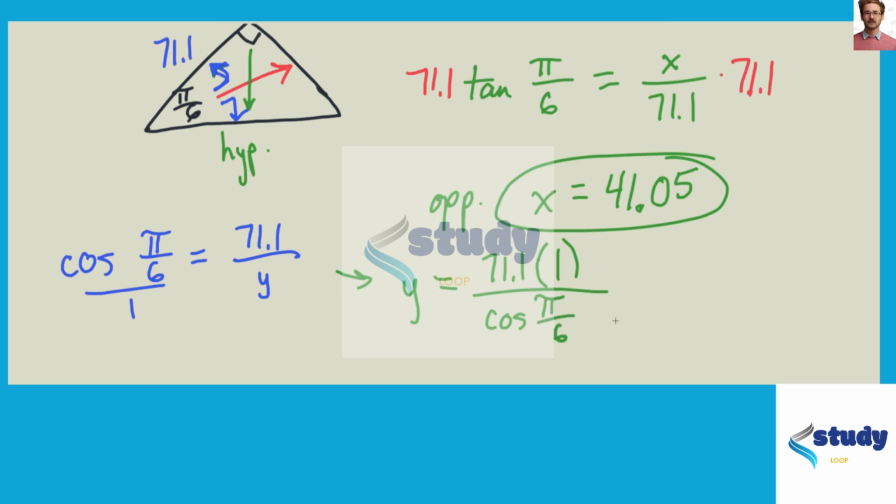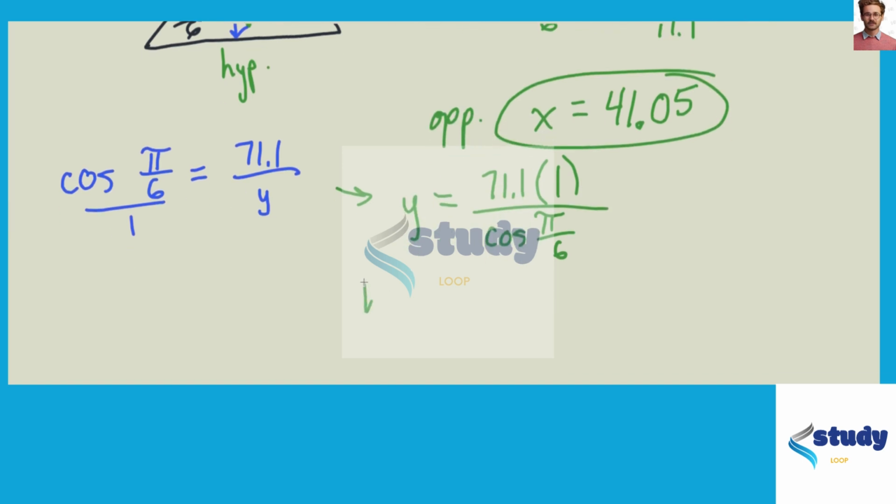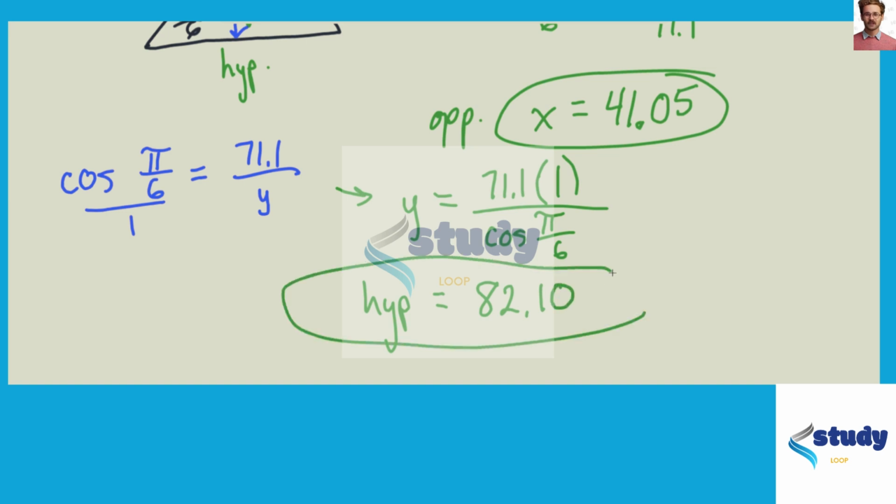And this will find the hypotenuse for me. And again, I need to be in radian mode. And I get an answer of 82.10. It's actually 82.099, but that would bump it up.